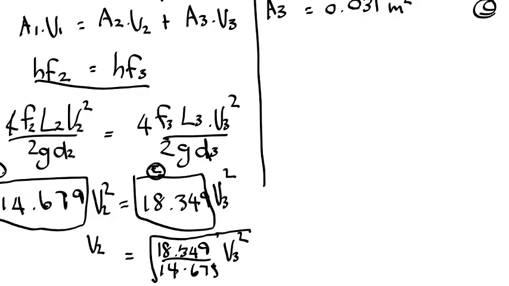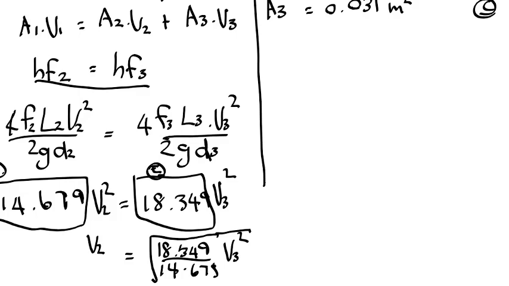If you take that 1.25 and you take the square root of it, that gives you 1.118. So before you took the square root, this in itself was 1.25.